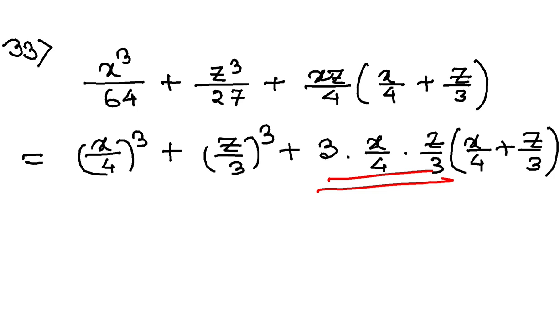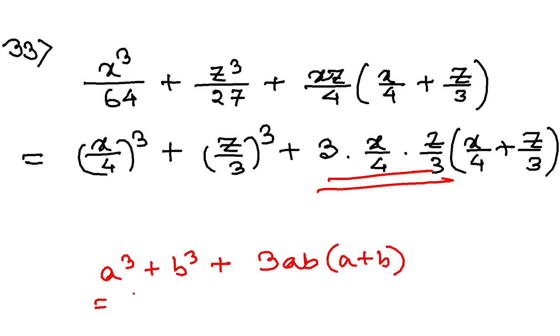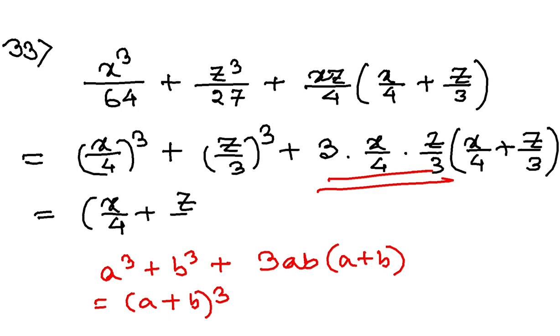Now if you go back to the formula, we have a cube plus b cube plus 3ab into a plus b. This is the formula for a plus b whole cube. So this is my x by 4 plus z by 3 whole cube, a plus b whole cube. Isn't it? Very easy. Alright, let's go to question number 34 now.